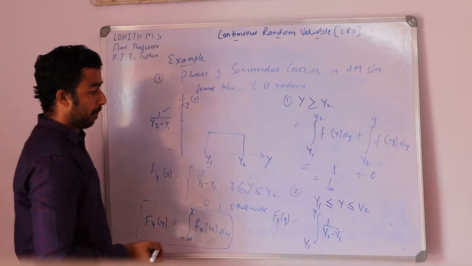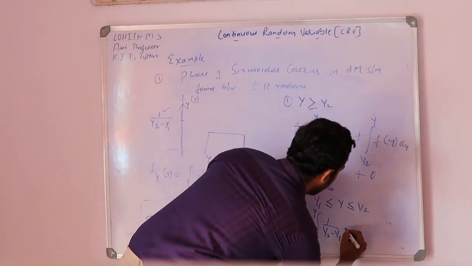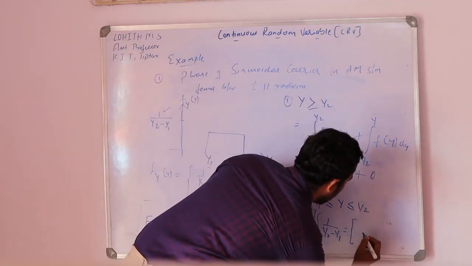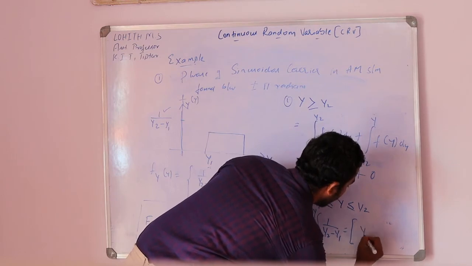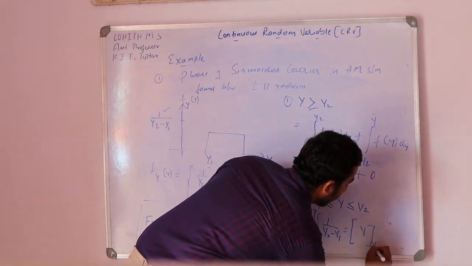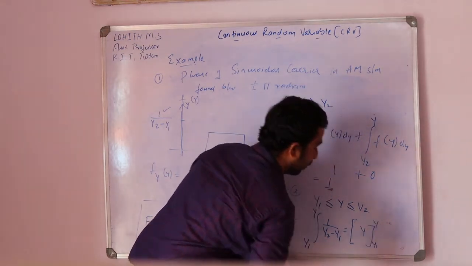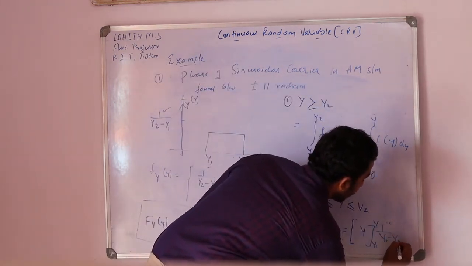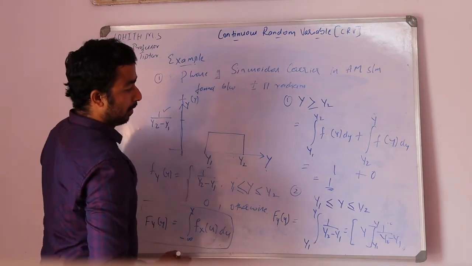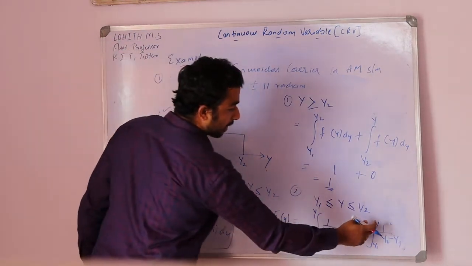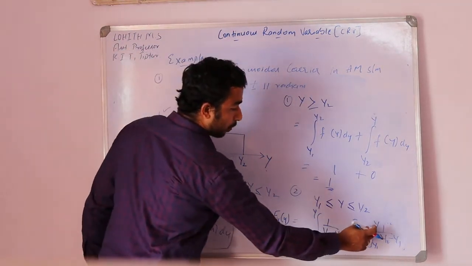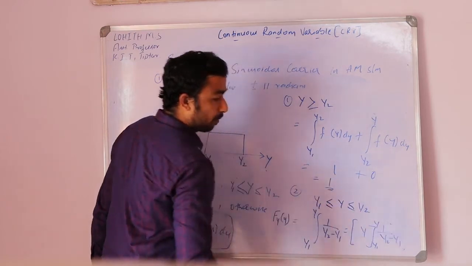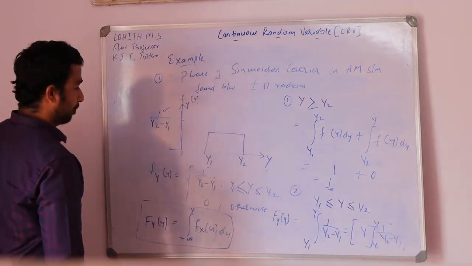Integrate this, you will get y into 1 by y2 minus y1 from y1 to y. Upper limit minus lower limit becomes y minus y1 divided by y2 minus y1.